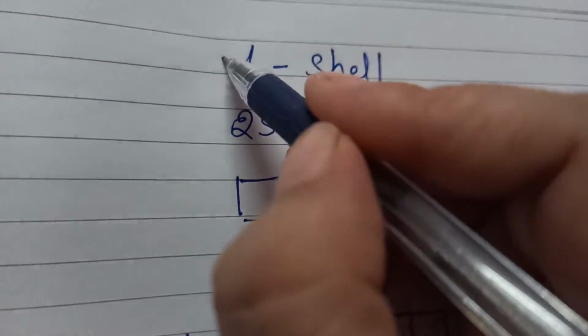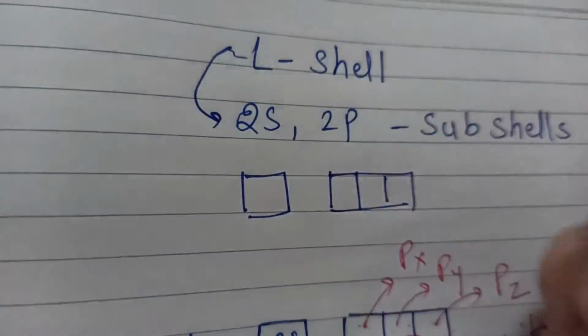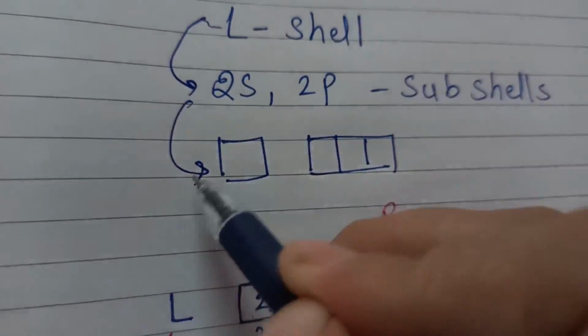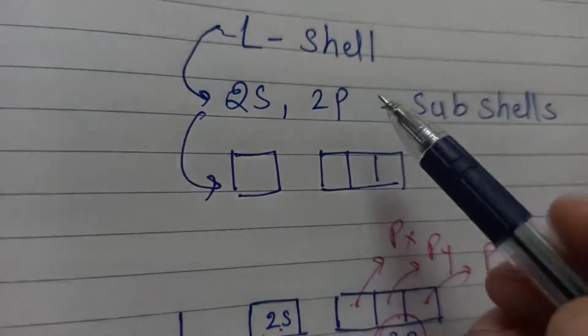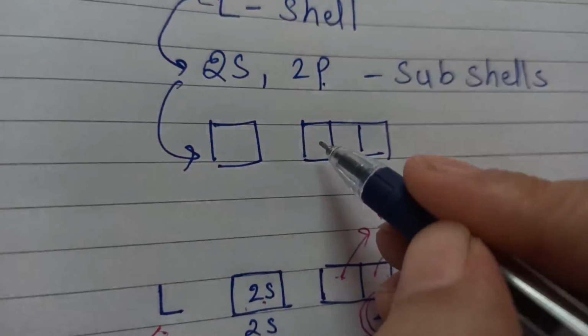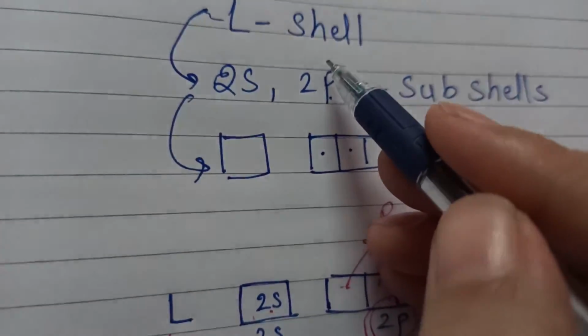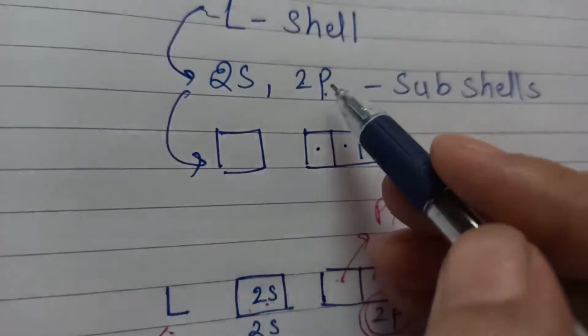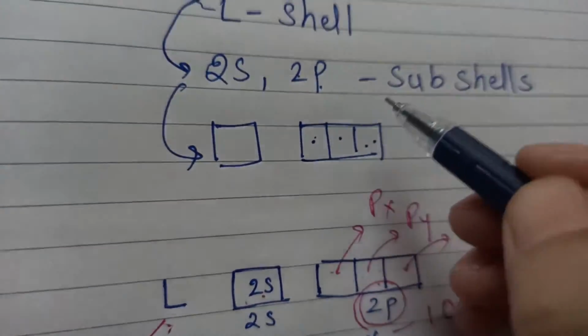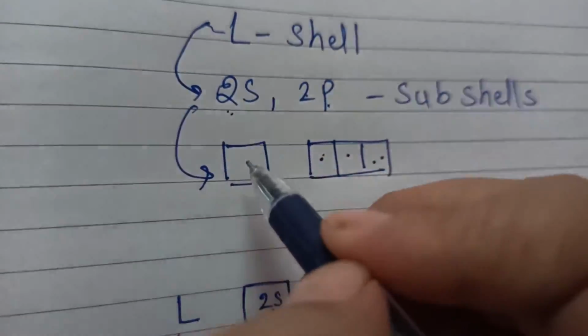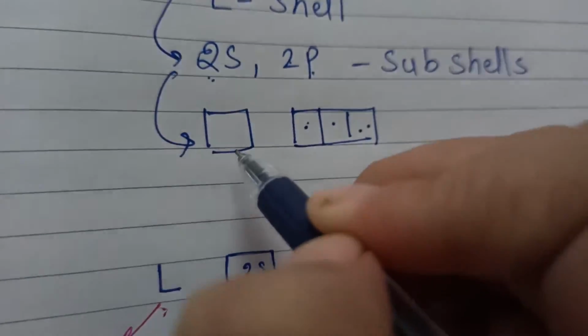So I hope you have understood. Subshells are inside shells and orbitals are inside subshells. So how many orbitals are inside the 2P subshell? 3. So you have understood that whichever P subshell it is, 2P, 3P, 4P, all have 3 orbitals. Similarly 1S, 2S, 4S, all have one orbital.